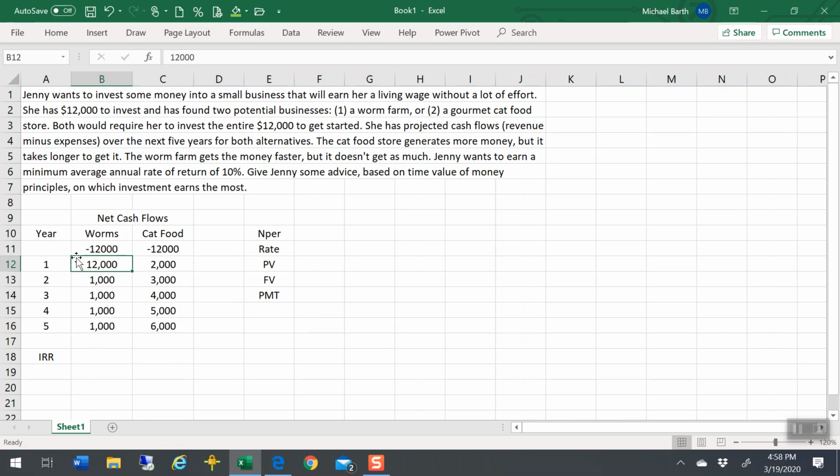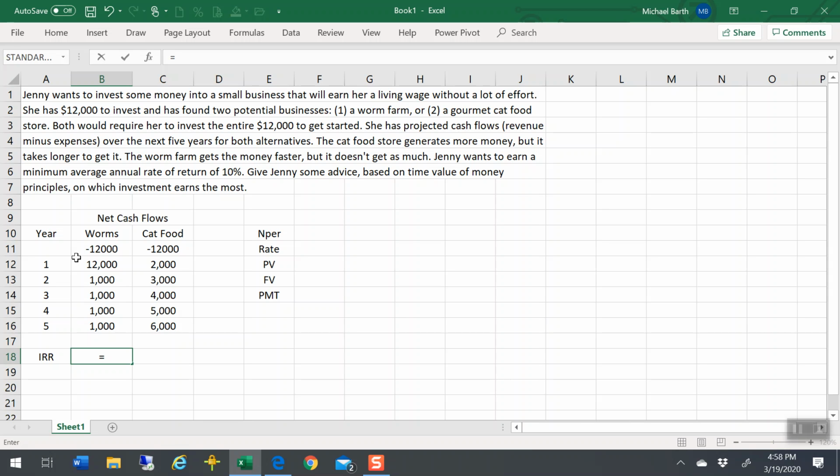The cash flows are different, so with uneven cash flows, we can't simply solve for rate. However, solving for rate is the equivalent of solving for IRR, or internal rate of return. We use IRR when there are uneven cash flows.